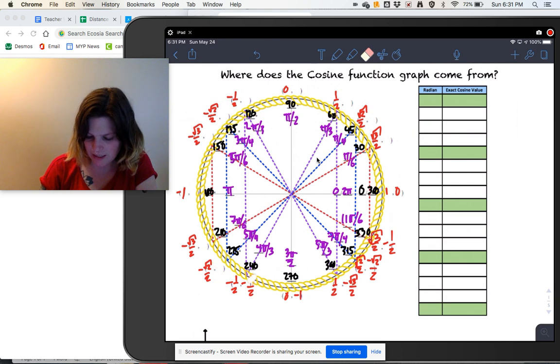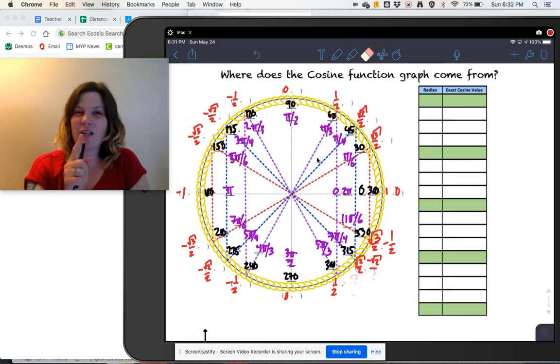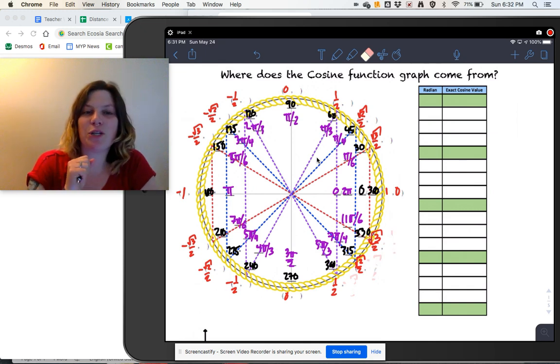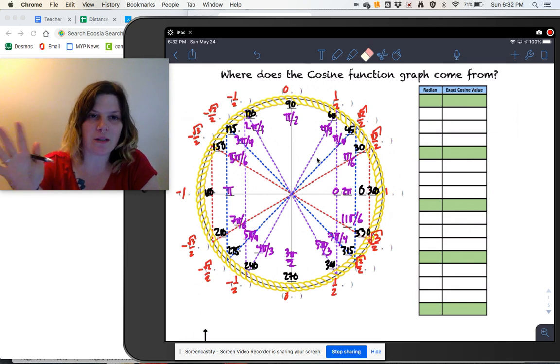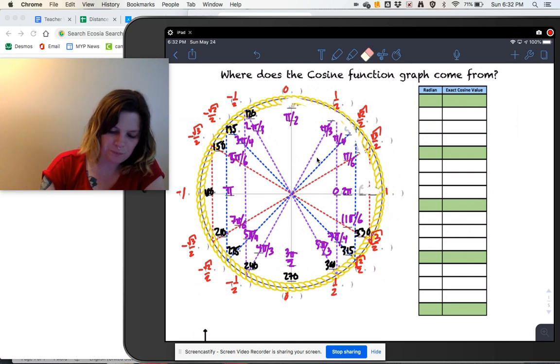Goodbye, goodbye. That was sine. That was last week. We don't need you anymore. Other thing as well is that we're going to be dealing with radians only when we're graphing. So we're going to erase all the degrees just to make it a little bit more clear, so we don't have a bunch of extra information that might confuse our thinking. Goodbye, degrees. Don't need you.